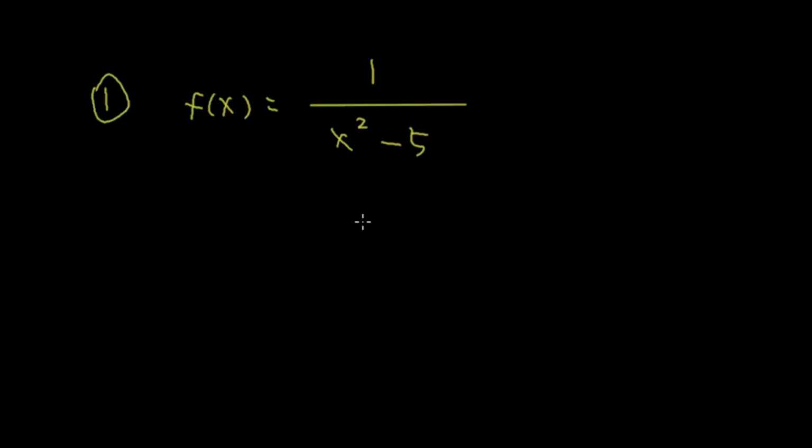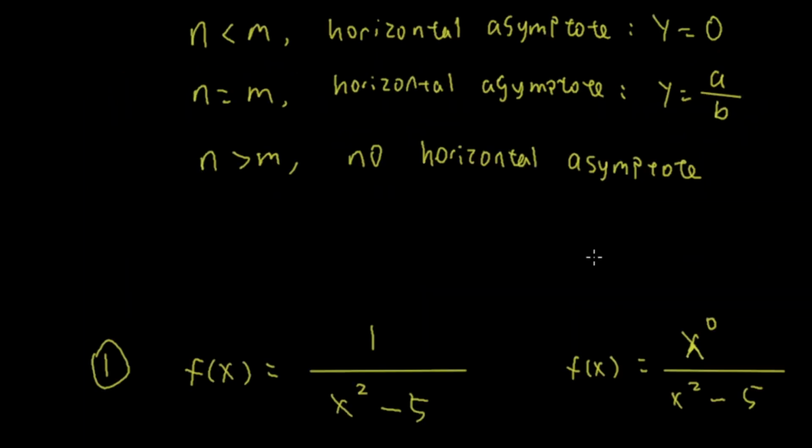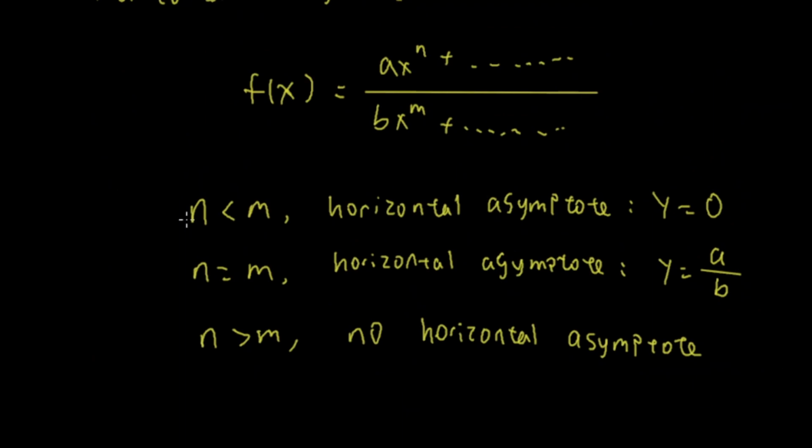This function can be seen as f of x equals, 1 is also the same as x to the power of 0, divided by x squared minus 5. Since the highest degree of power in the numerator is 0, which is less than the highest degree of power in the denominator, this is the first situation. Then the horizontal asymptote should be y equals 0.